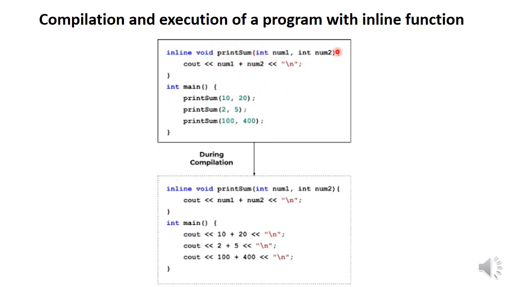These are the two parameters, and this inline C++ function has a body containing the following statements. In the calling function, the main function, we have three distinct inline function calling statements, and here this is called by value.